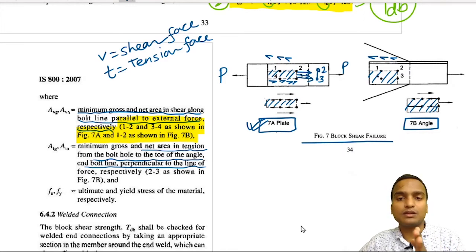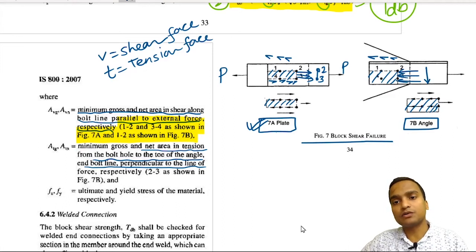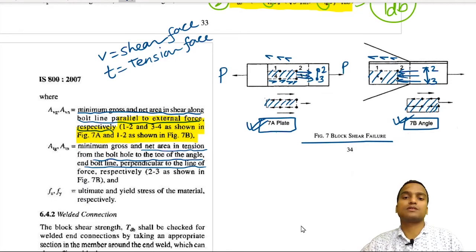If we calculate the gross area and net area of face 2 3, that is ATG and ATN. Similarly in figure 7b, face 2 3 will be subjected to tensile failure. So we have to calculate the net and gross sectional area of section 2 to 3 in the case of figure 7b. We will be discussing this block shear failure separately in numerical sections in detail, so do not worry about that.